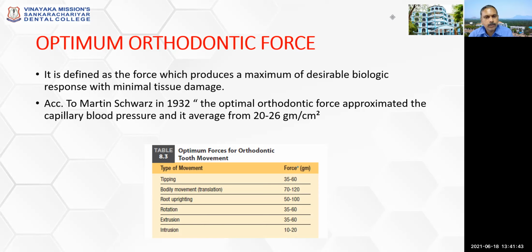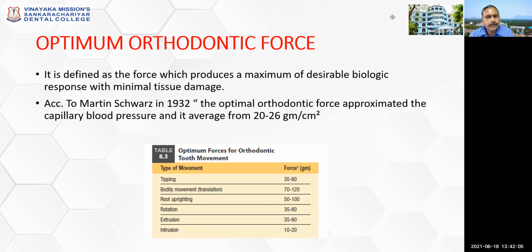Now, if you would like to move only the root through the alveolar bone, that is also more than a simple tooth movement like tipping. So the root uprighting force is approximately 50 to 100 grams. Next is rotation.